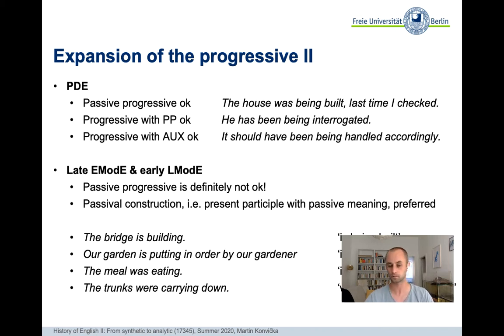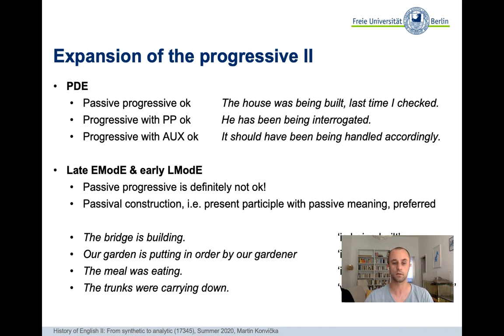In present-day English we have the semantic restriction that, for example, stative verbs cannot be used in the progressive. London is being the capital of England. In late modern English, we had a different type of restriction. We had a formal restriction, so that the progressive form, being, was not able to combine together with a passive form, right?